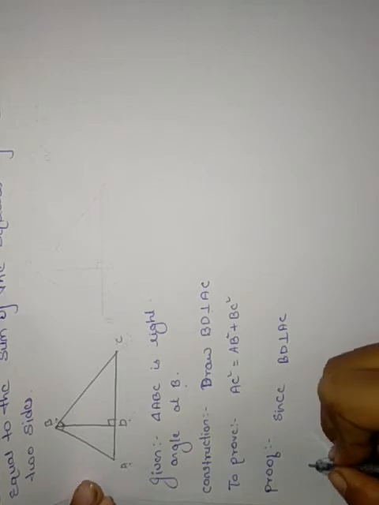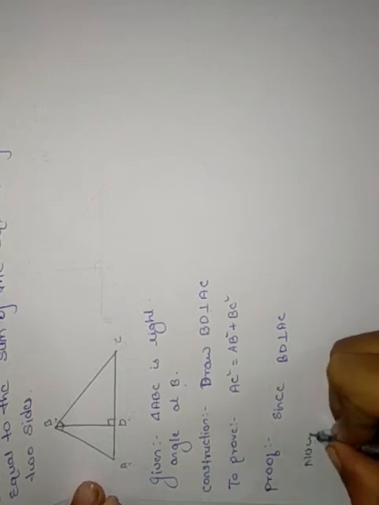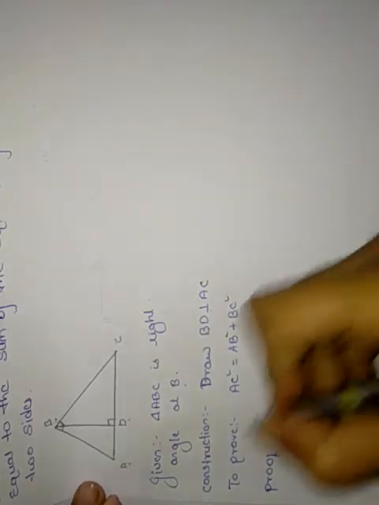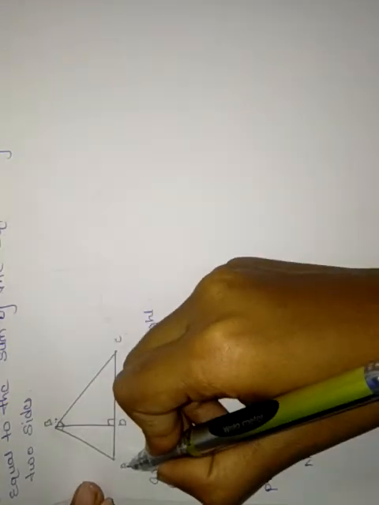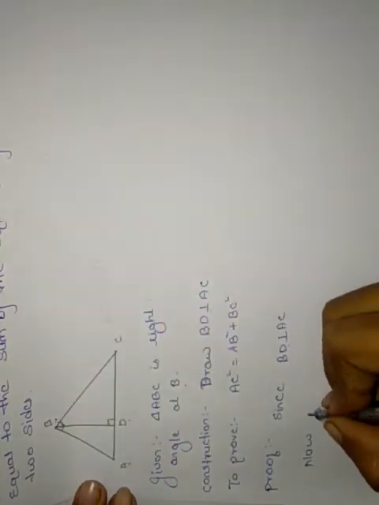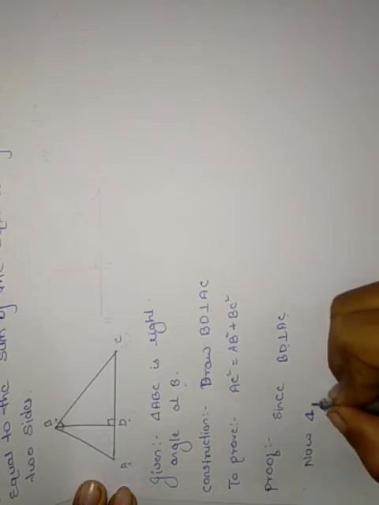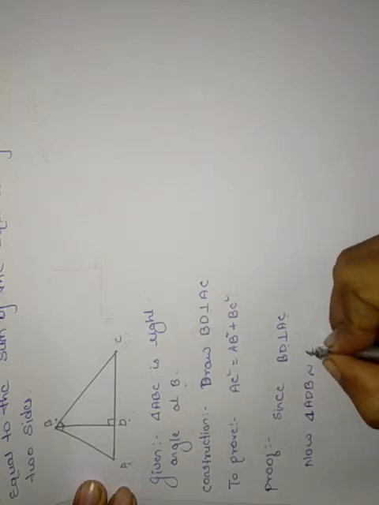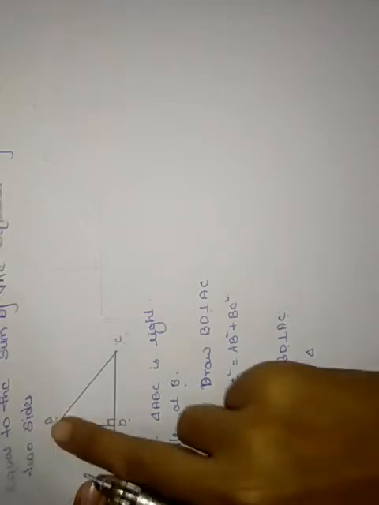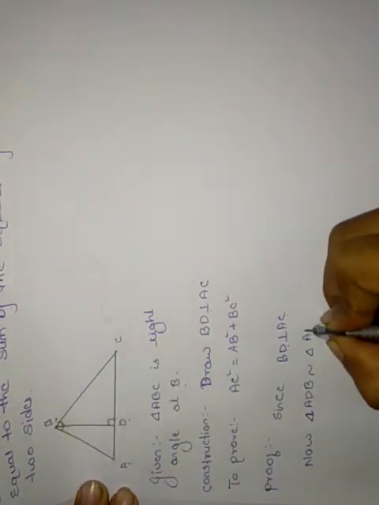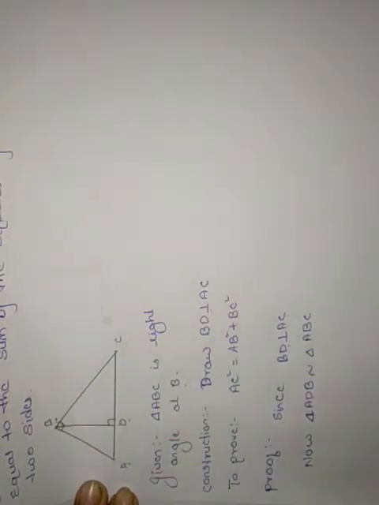That is, the triangle ADB will be similar to the big triangle, that is ABC, right? If these two triangles are similar, then their corresponding sides will be in proportion.